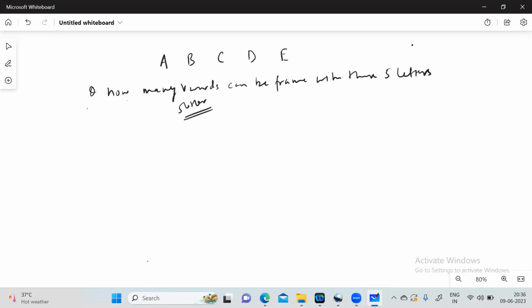So how many five-letter words can be framed with these five letters without repetition?